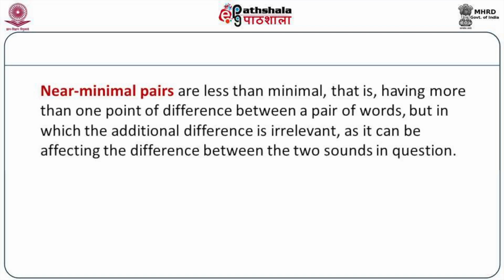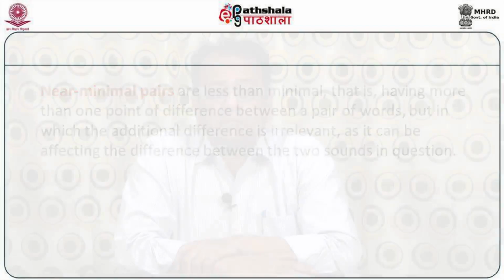For example, if we take in English the words pin and ben, these are not minimal pairs certainly, because there is more than one point of difference between them, namely that between p and b and between e and a. So thus pin and ben are near minimal pairs.